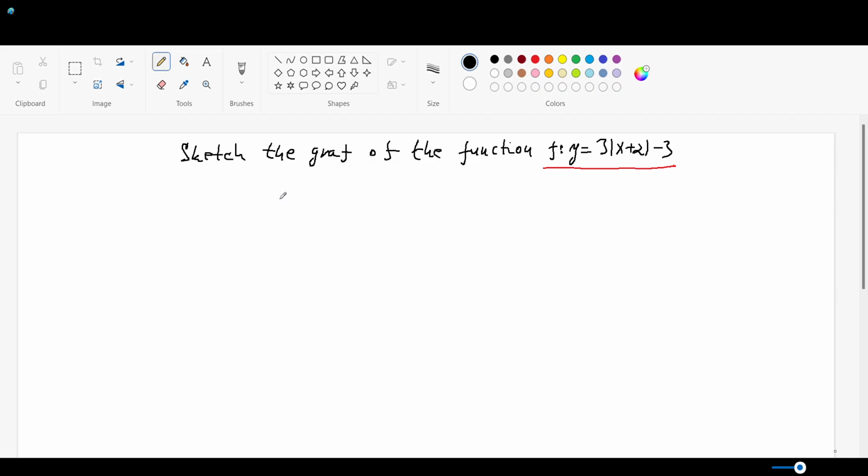But just to show you what will be in our next topics during our lessons, we will learn how to sketch the graph of the function which will be defined, for example, by the equation like this.